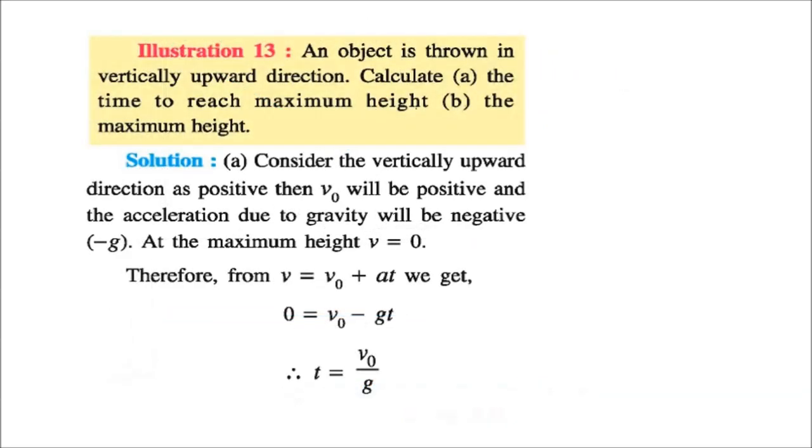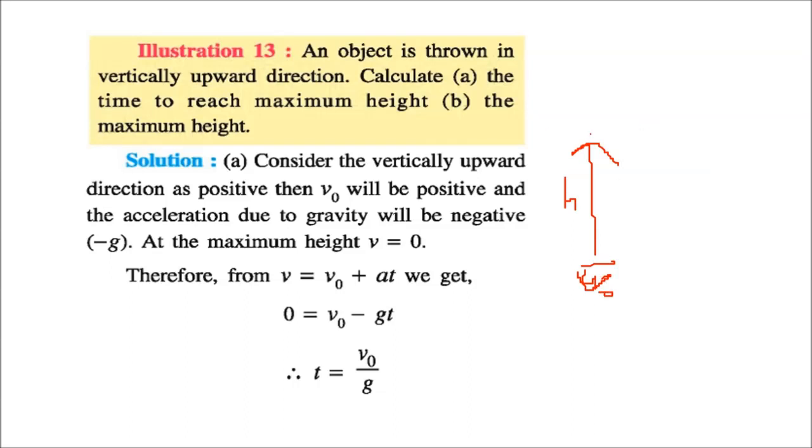An object is thrown in the vertically upward direction. We have to calculate the time to reach maximum height, and the maximum height. We have some initial velocity with which we send it, so we say it is v0.